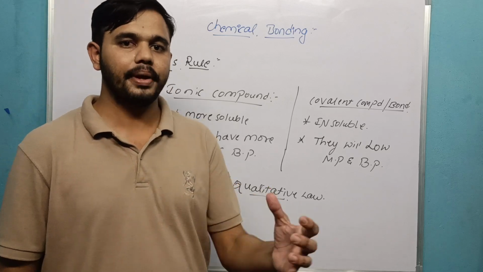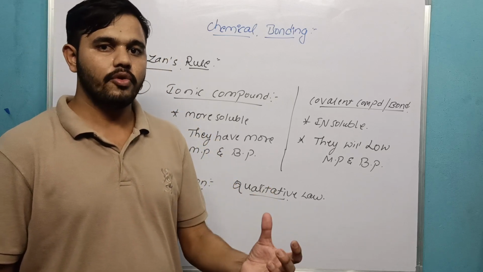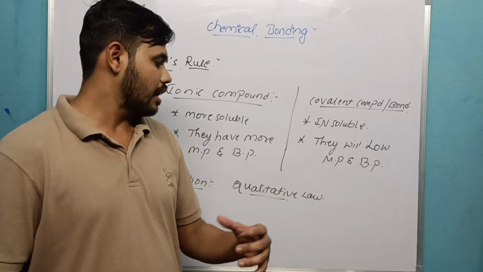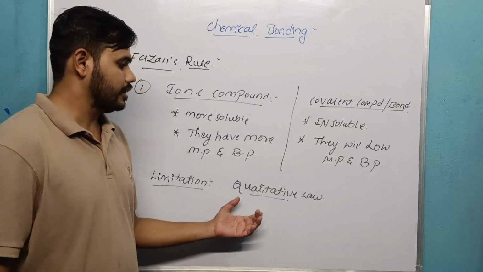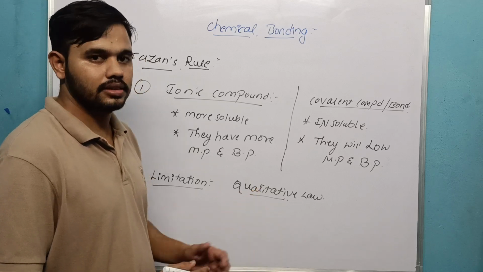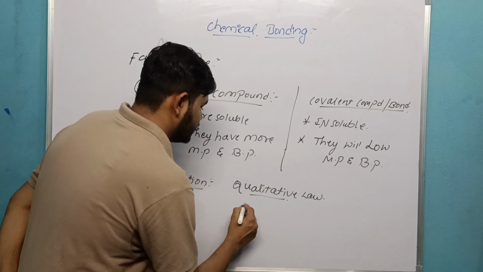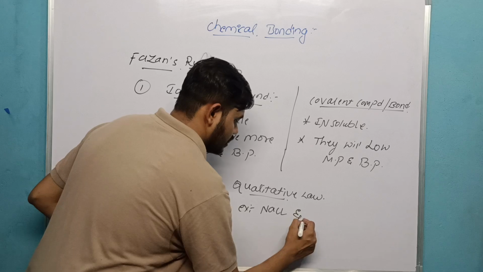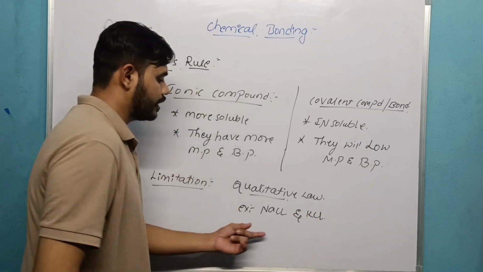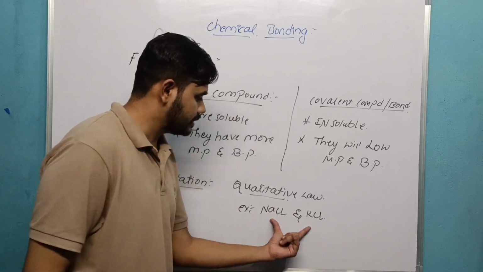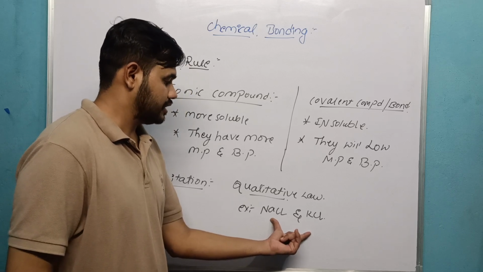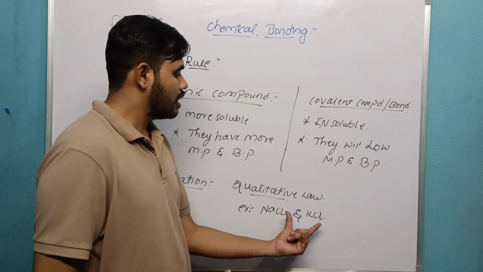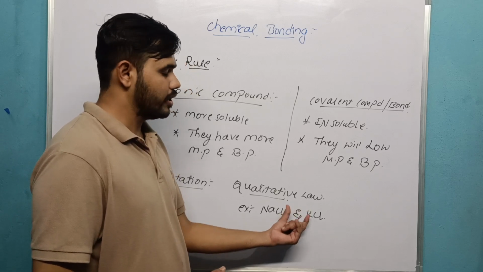Qualitative means we can compare which ionic compound is having more covalent character or more ionic character, but we cannot give percentage. For example, NaCl and KCl. We have two ionic compounds. Here we can compare which has more ionic character and which has less ionic character and covalent characters also.